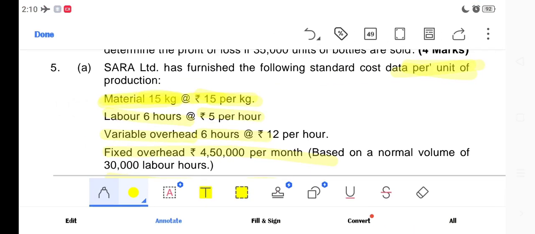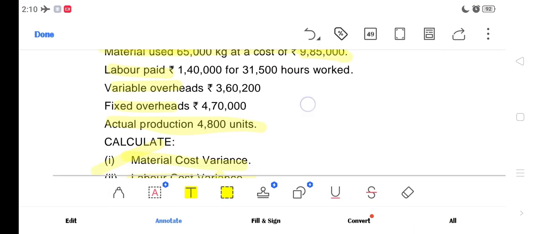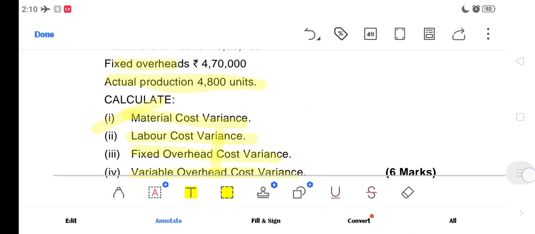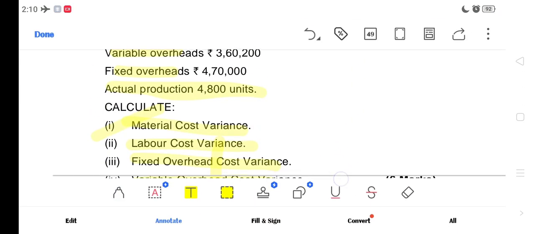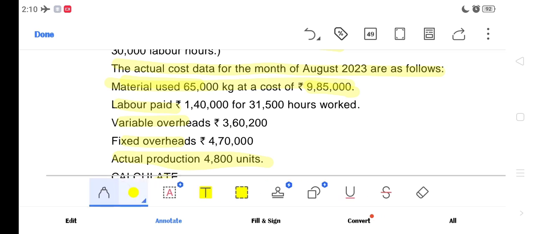Now, next, what are they asking? Labor cost variance. We have the labor data; directly, they have given 1,40,000. Here, instead of quantity we put hours, and for price we put rate.